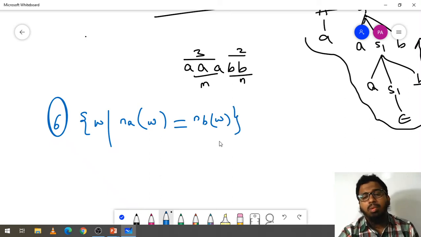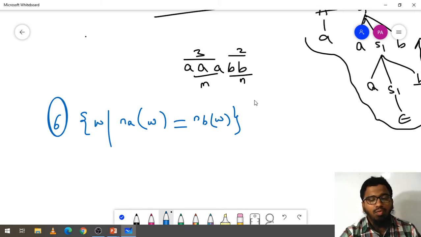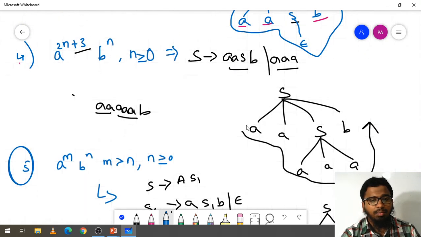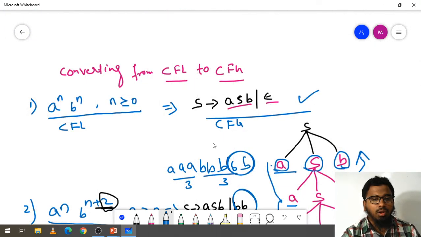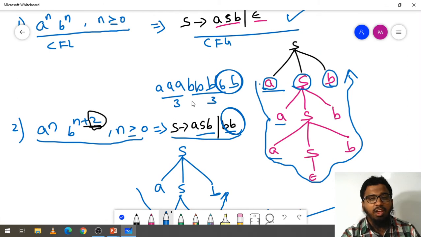What it is telling me is, whatever the w is, like in the previous first one we were getting an equal number of a's and b's.